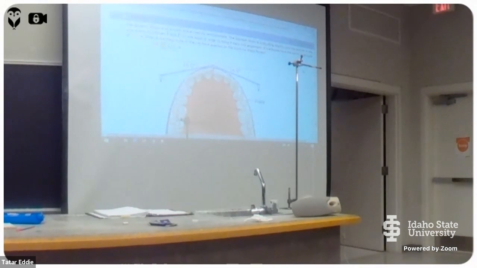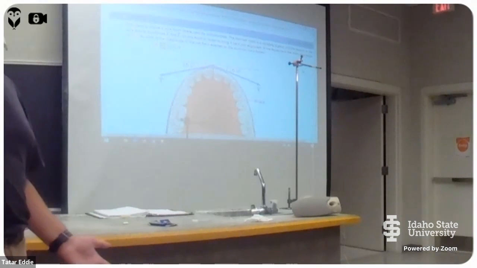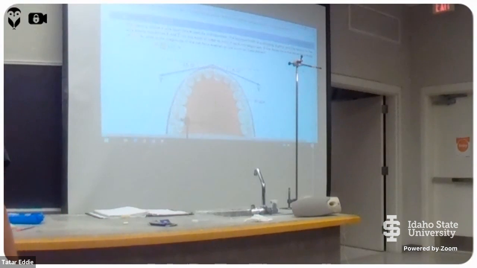Now, the triangles formed by those two forces and their components, the two triangles are equal triangles. They have the same angle, the same size. They should be equal triangles. Right? They're also right triangles, of course. Here's the right angle.